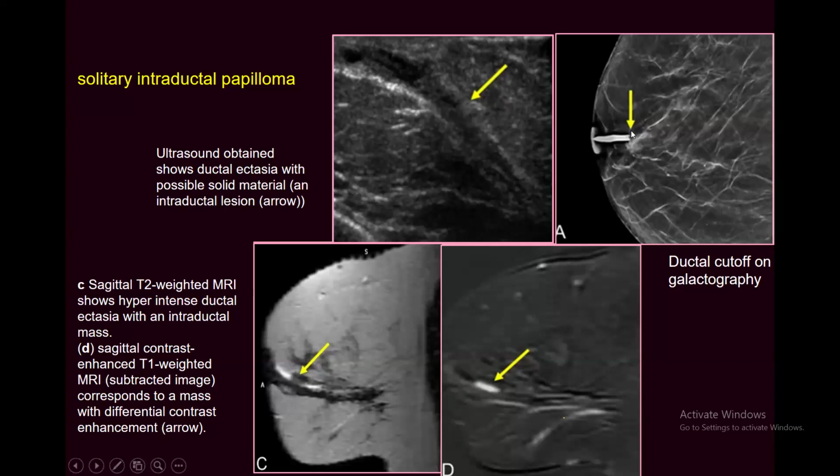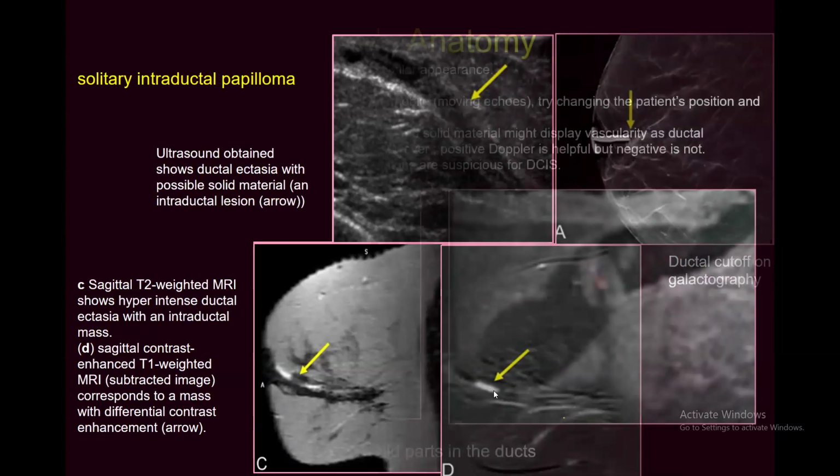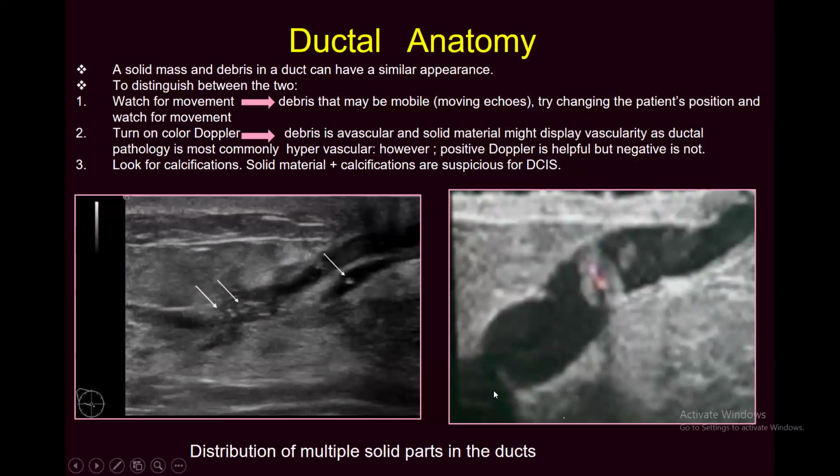Okay, there is a cutoff here on galactography, corresponding to these intraductal lesions. And the same patient had an MRI; this is T2, representing a duct with a soft tissue within the duct that exhibits contrast enhancement on post-contrast MRI.